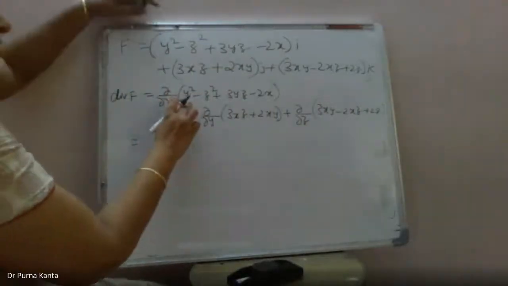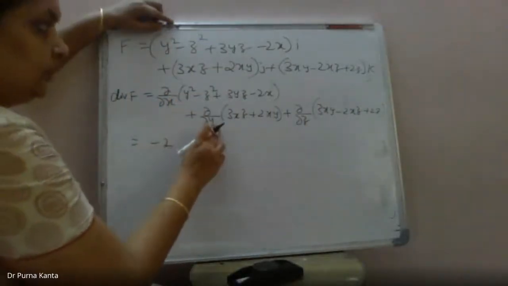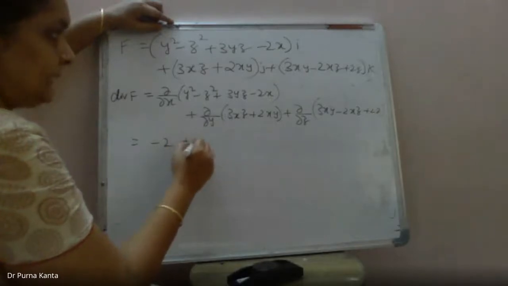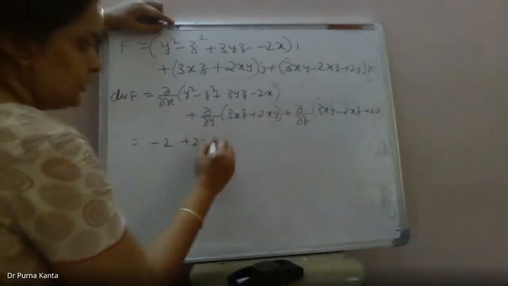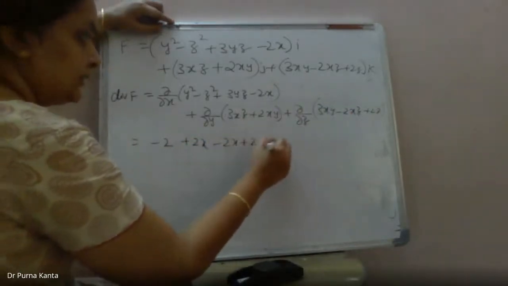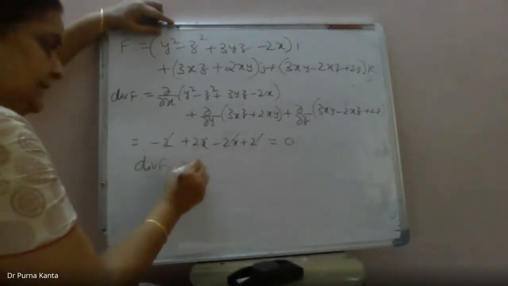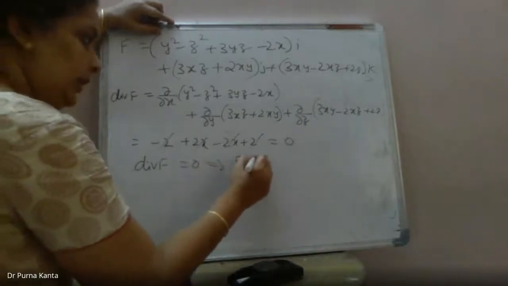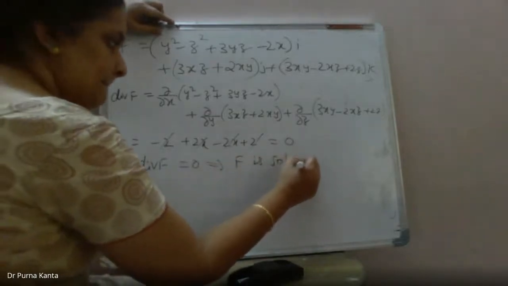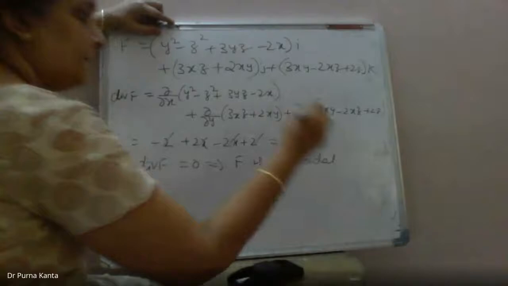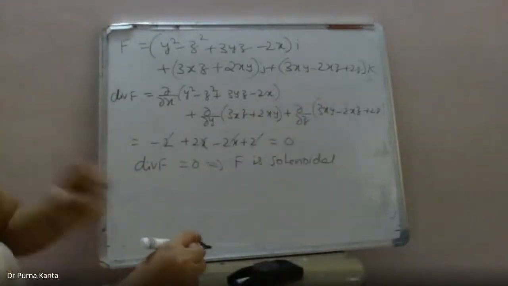So dou by dou x of this function is minus 2. Dou by dou y of this function is plus 2x. Dou by dou z of this function is minus 2x plus 2. So the value is equal to 0. So div f is equal to 0 implies f is solenoidal. That is the first one.